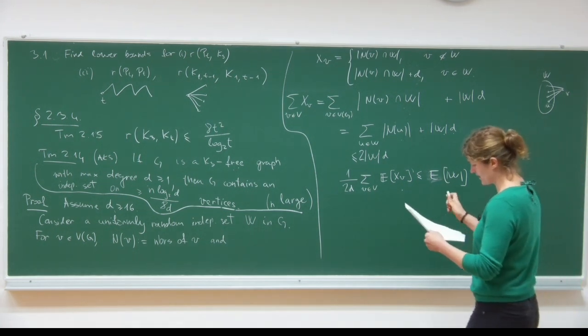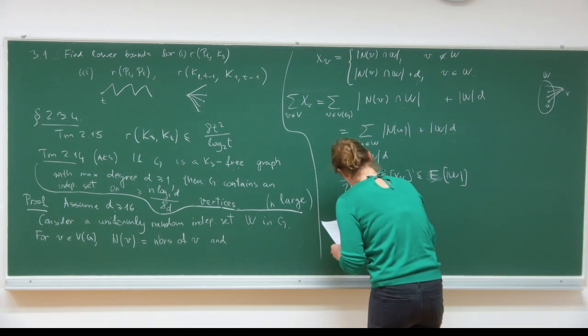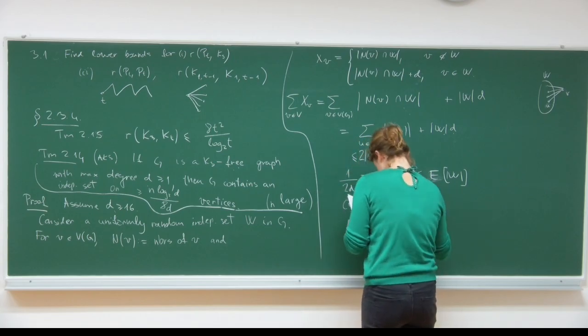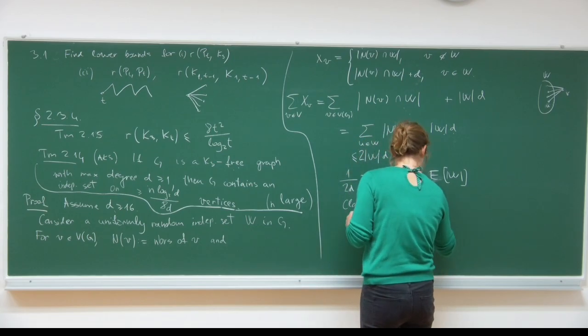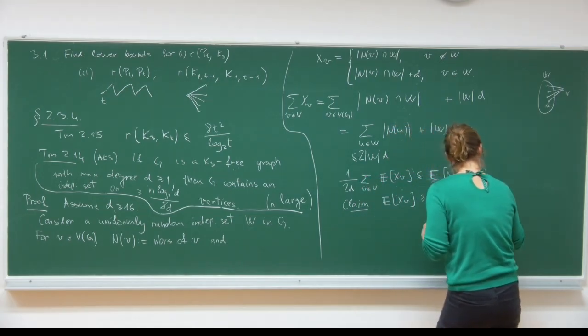Okay, so we claim that the expected value of xv is at least log 2d divided by 4 for every v.